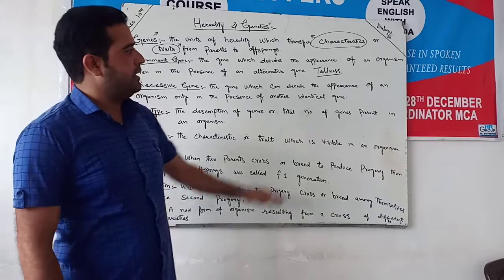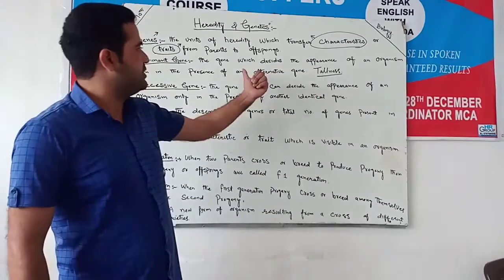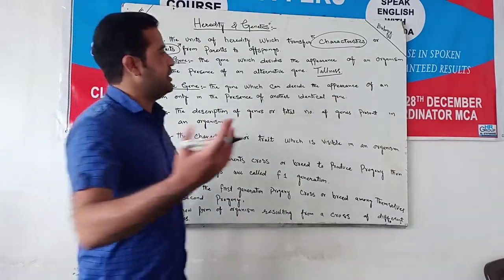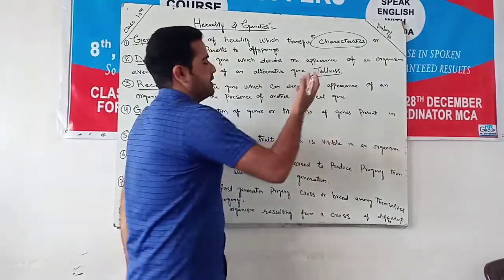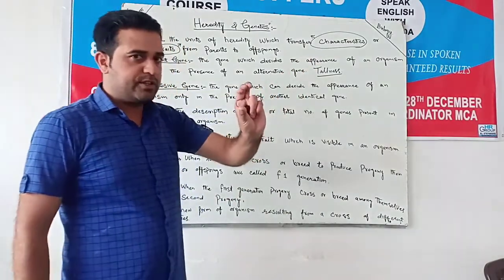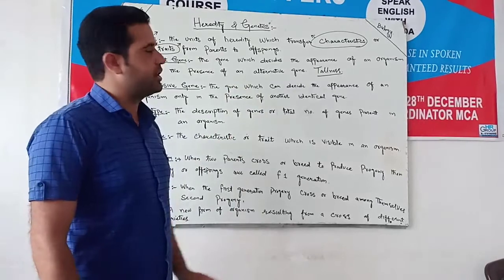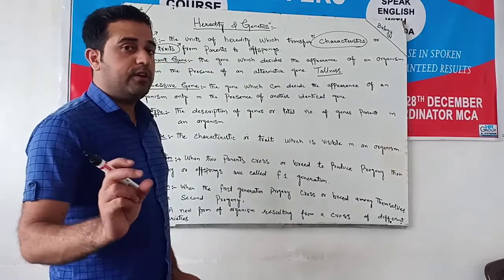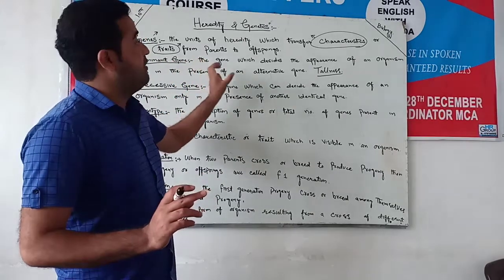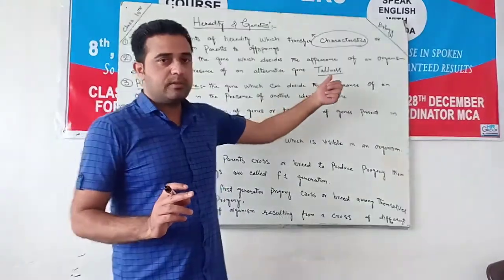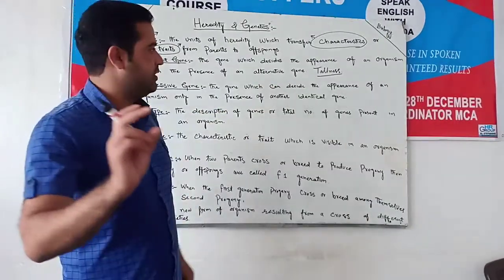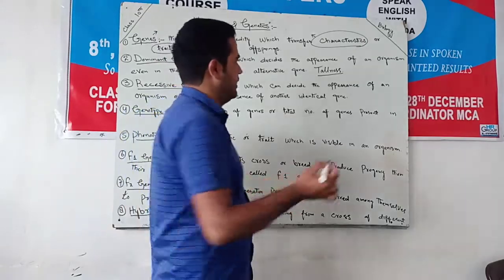So whenever this dominant gene for tallness is present, and another gene which is opposite, that means which is responsible for dwarfness or short stature of an organism, is also present, the dominant gene will show its appearance even if its opposite gene, that is the gene for dwarfness, is present.